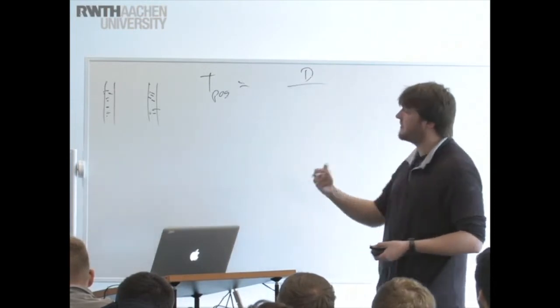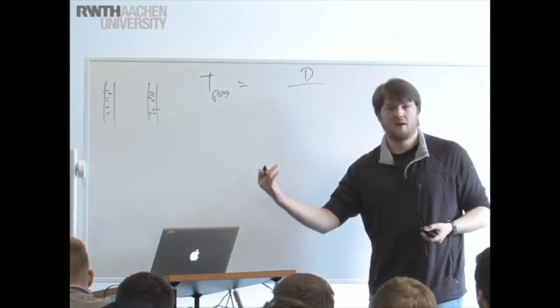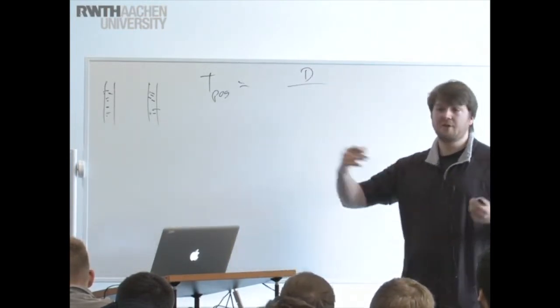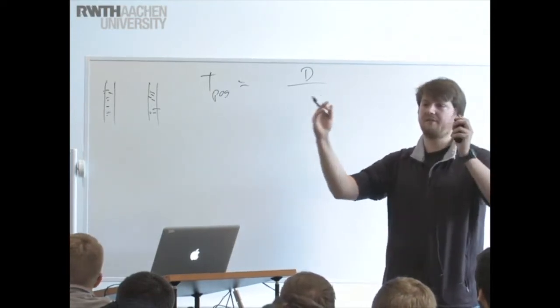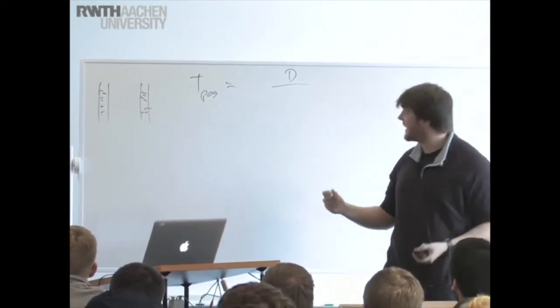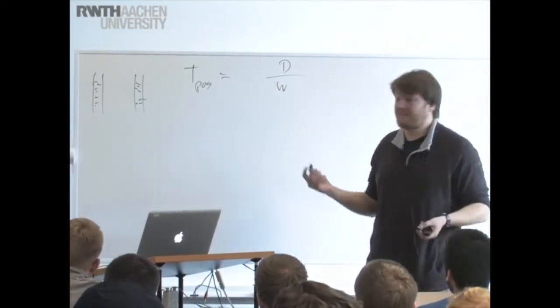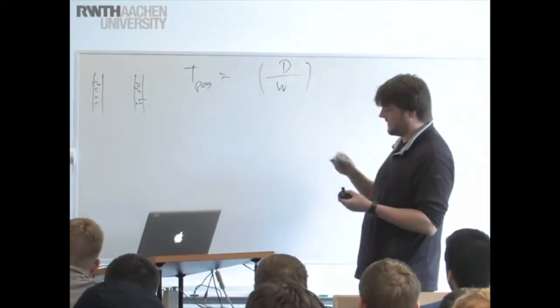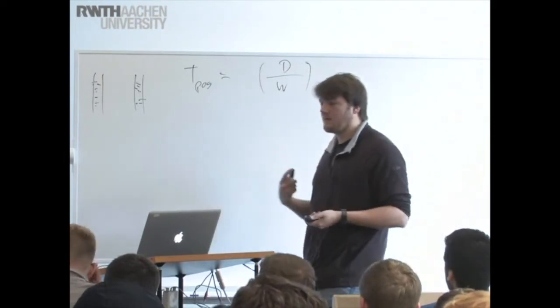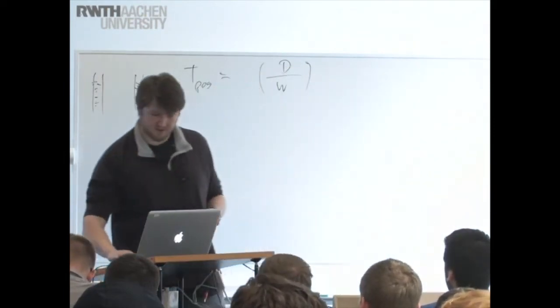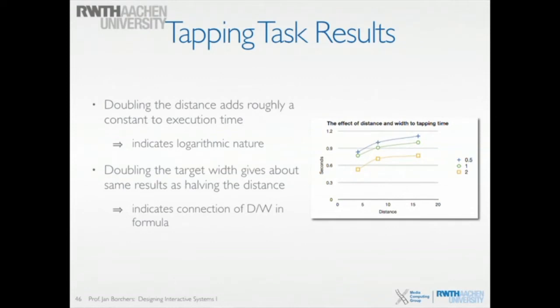While at the same time, as we've seen with the width, if I increase the size of the target that I want to hit, I'm taking less time. So we expect something to be like this. Now, if you look at your numbers, let me just get back here.